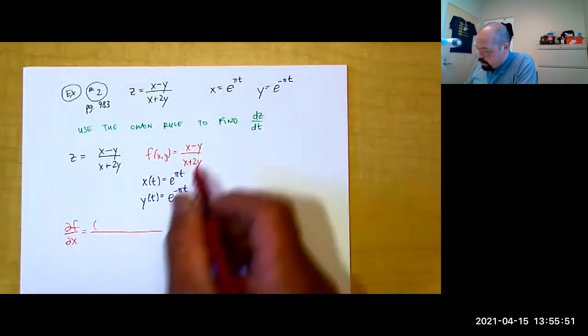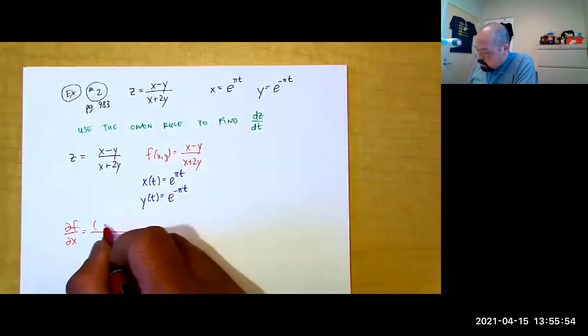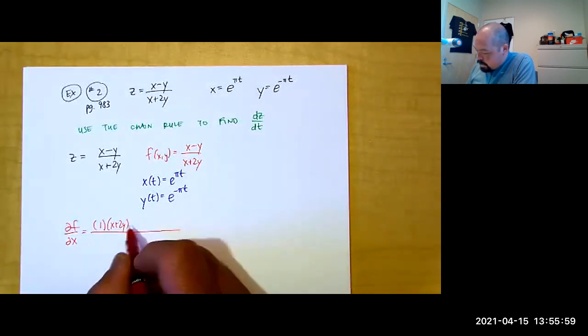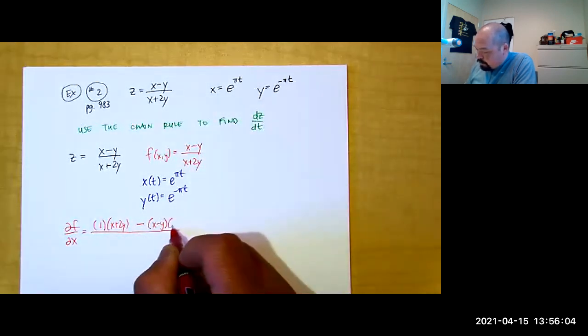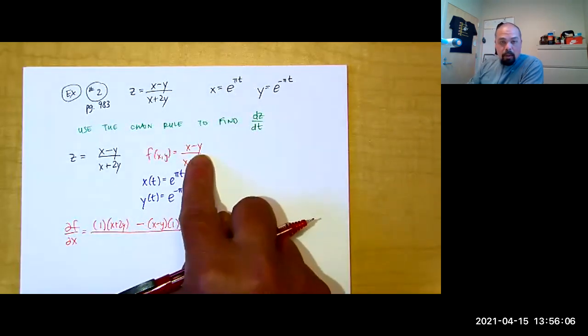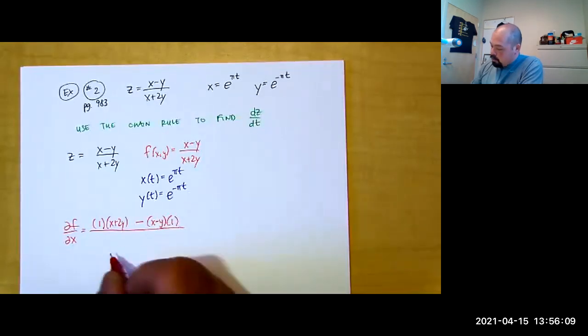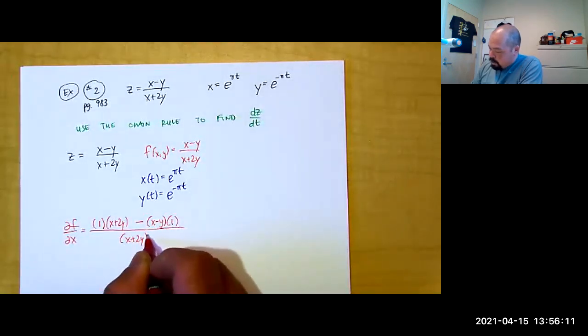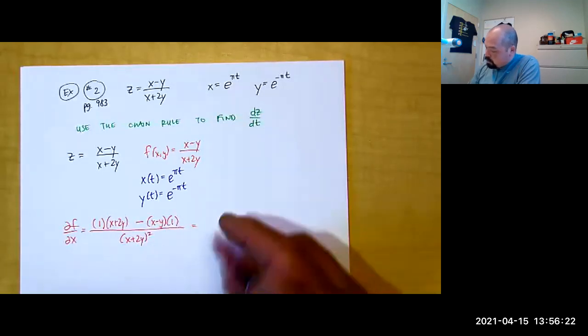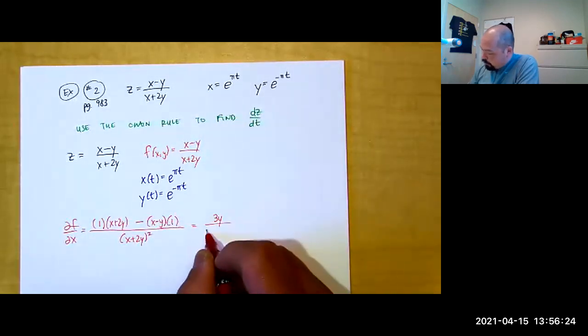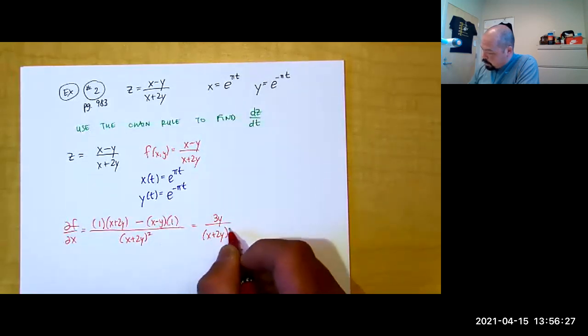So the derivative of the numerator with respect to x is 1 times the denominator x plus 2y, minus numerator x minus y times the derivative of the denominator, 1. 2y is a constant, that goes away. Derivative of x is 1. That's all over our denominator x plus 2y squared. So x minus x goes away. Negative, negative makes it plus y, 2y plus 1y, 3y over x plus 2y quantity squared.